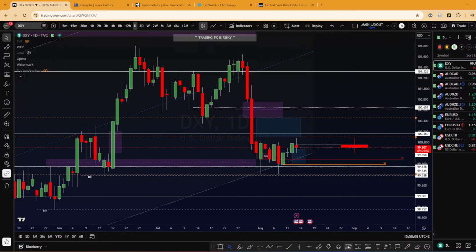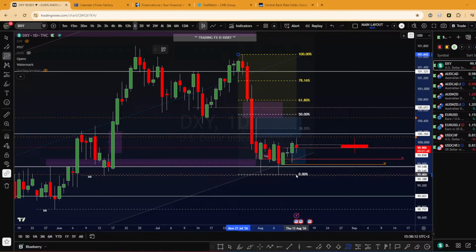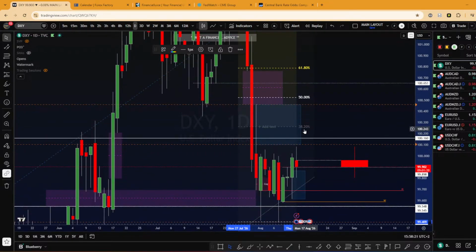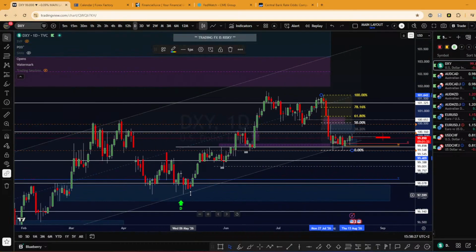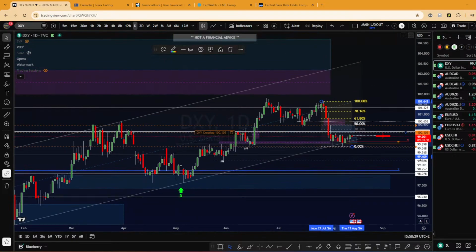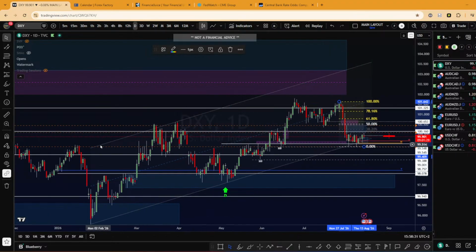You see, if for example I take the Fibonacci from this high to this low, this last leg, you see 50% is right there, but before 50% we have the 38.2% that we could potentially target first, and the fact that we are at the bottom of this channel. You see this channel, we are at the bottom of this channel.